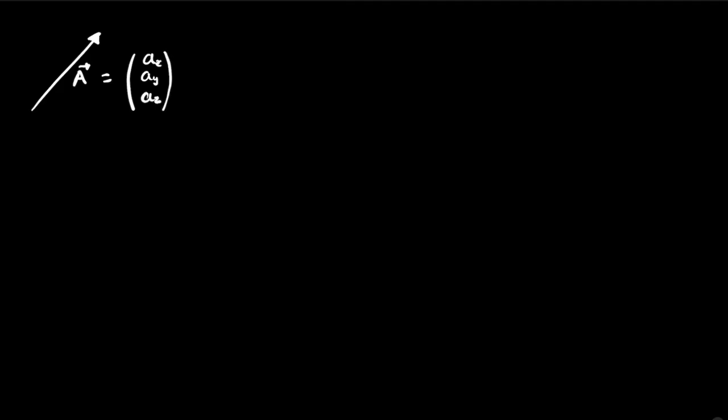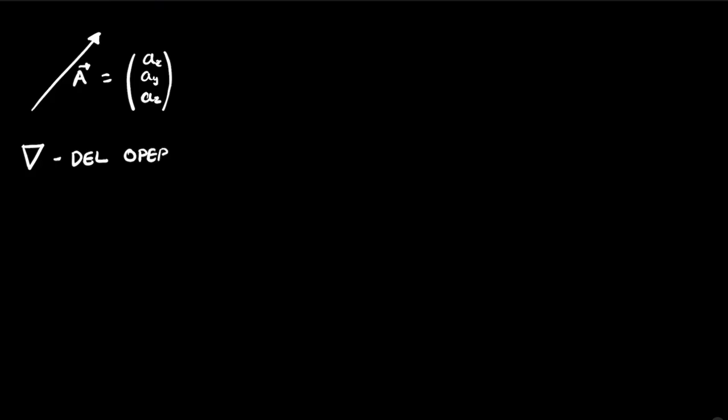And in theory, each of these could depend on x, y, and z. So you're going to end up with 9 different partial derivatives. And it's useful to define this right here. And what is this funny upside down triangle? Well, this is called the del operator.